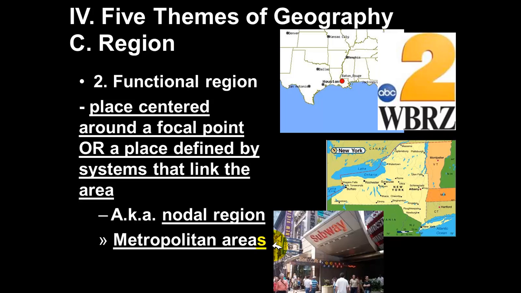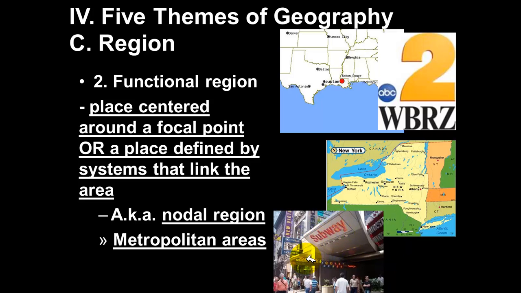I would actually take a look at this graphic at the bottom. If you see where my cursor is, this occurs quite often in metropolitan areas. Dallas, Houston, New York, Chicago, even LA, Atlanta, New Orleans, all of these places have a mass transit system. So they are all really good examples of functional regions.